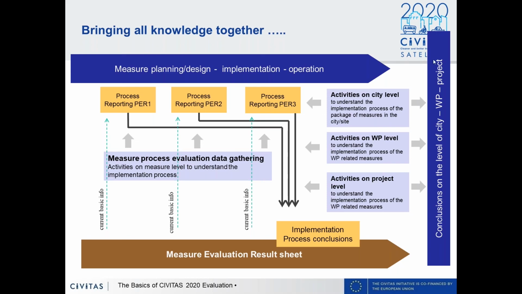Now, in CIVITAS, we try to bring the different elements we are collecting together. This is not an obligatory scheme, but it shows that we try to make up what we call measure evaluation result sheets.